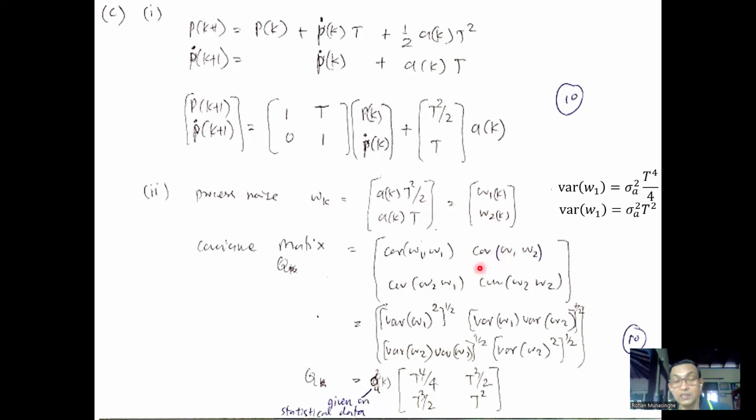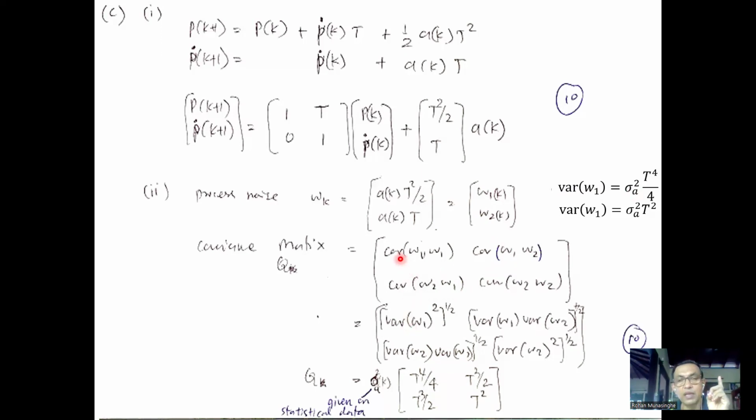In fact, here there is a cross correlation, because position, velocity and acceleration are linked together. They're moving together. So with the known variances for W1 and W2, you can calculate the covariance between W1 and W2 in this format. You can see it over here.